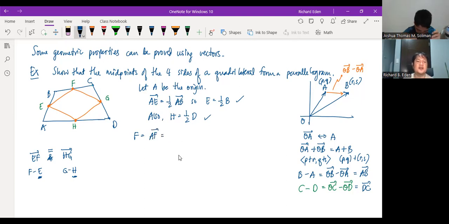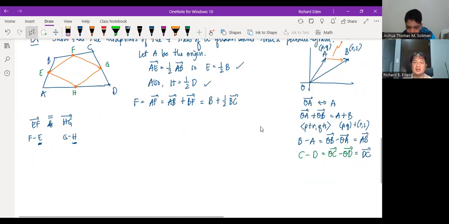And then AF is from the figure AB plus BF. Okay, but what characterizes, so and then AB, vector AB, using our notation, that's B na lang. And then BF on the other hand is half of BC, half of BC.